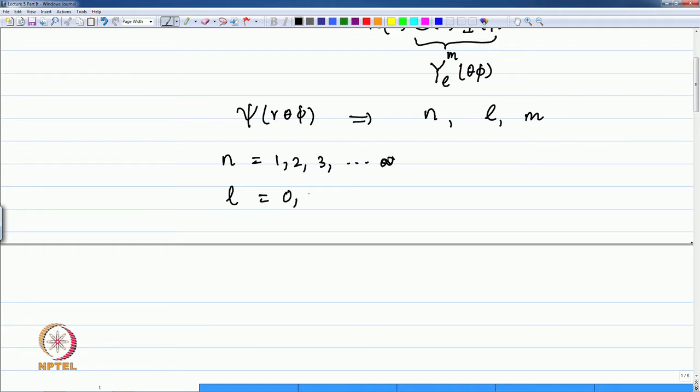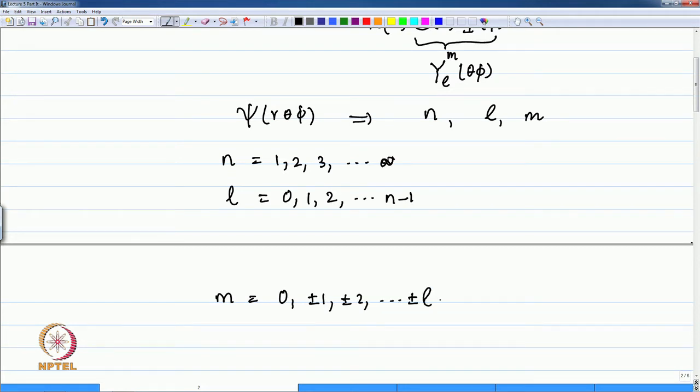It goes from 0, 1, 2 up to n minus 1, and the value of m is chosen by the values of l, namely 0, plus minus 1, plus minus 2 up to plus minus l.